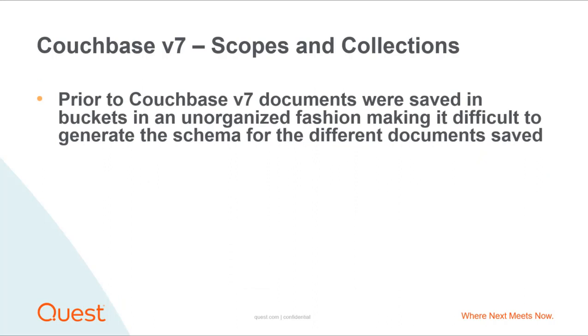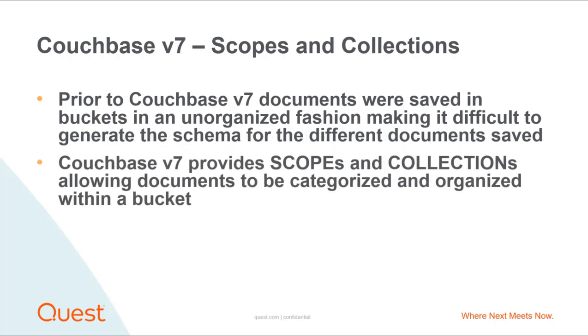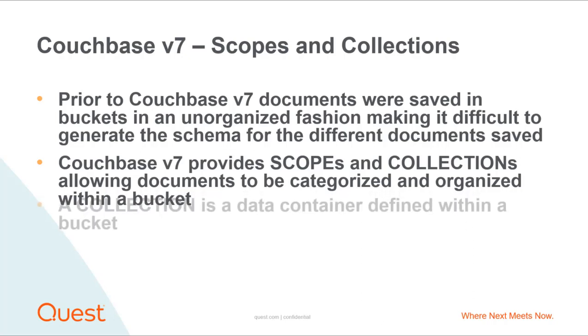Prior to Couchbase v7, documents were saved in buckets in a relatively unorganized fashion, making it difficult to generate the schema for different documents that were being saved. Couchbase v7 provides scopes and collections, allowing documents to be categorized and organized within a bucket.